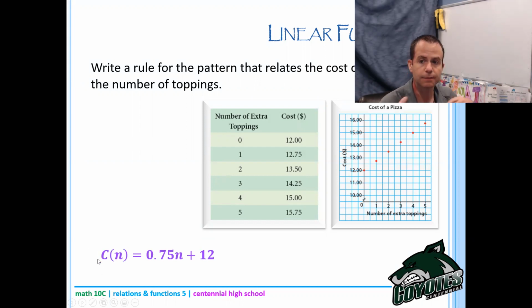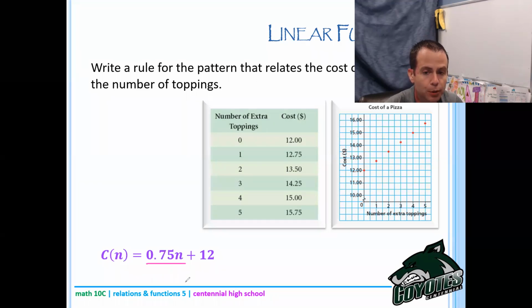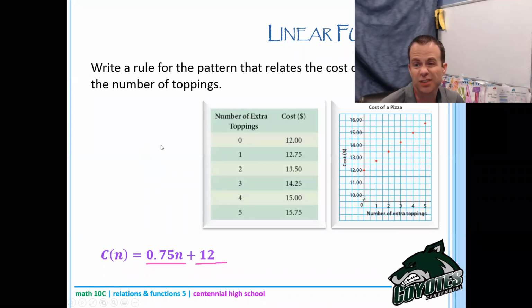I'm naming the function C for the cost, and then N is the number of extra toppings. So C of N equals 0.75 N plus 12. So this is my cost per topping, and then this is my cost of nothing, okay? Or cost of 0, or initial cost. You'll hear all of those things said as we dive through here.